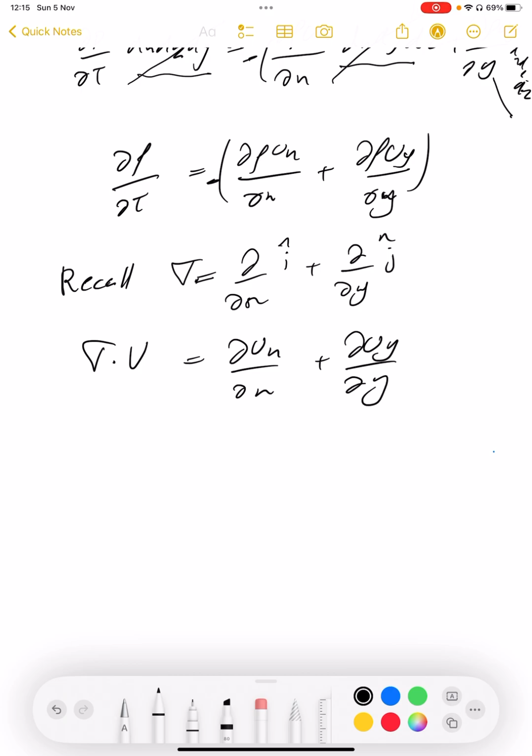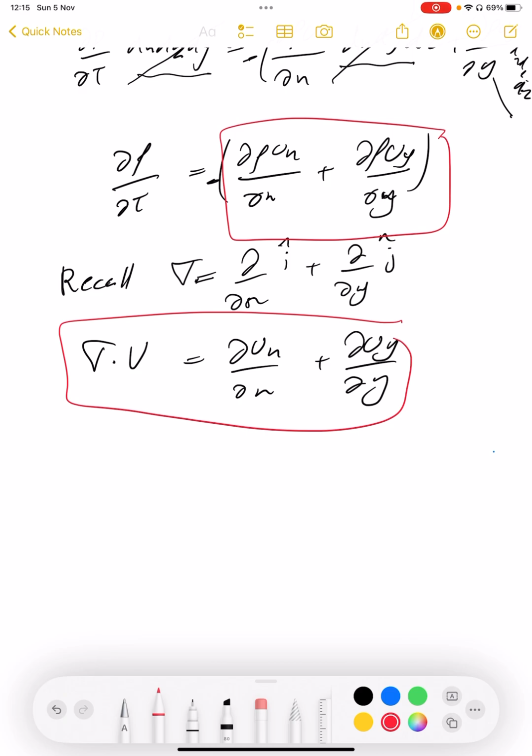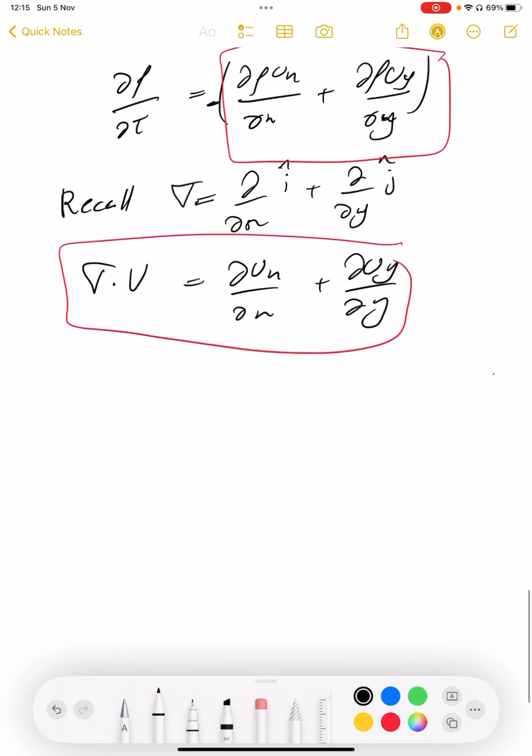So if I look at this and this, I literally can say that the variation of density in time is equal to minus divergence of velocity.